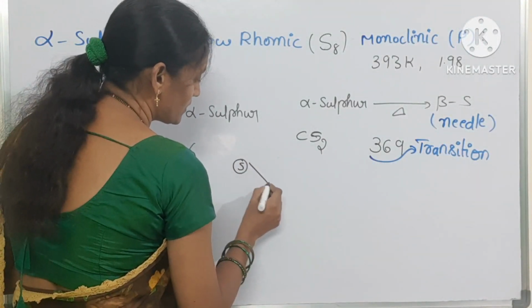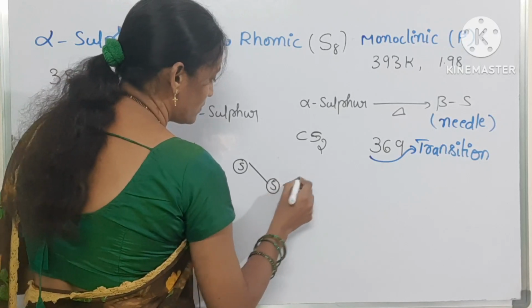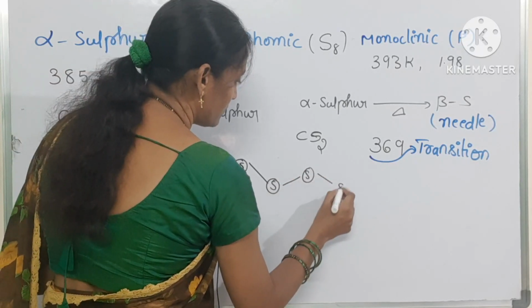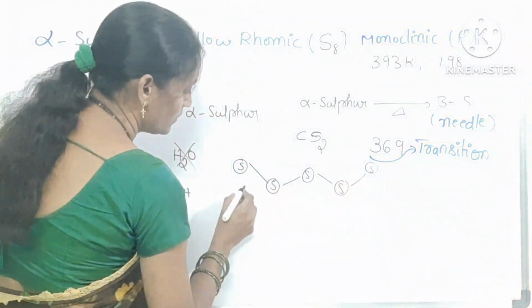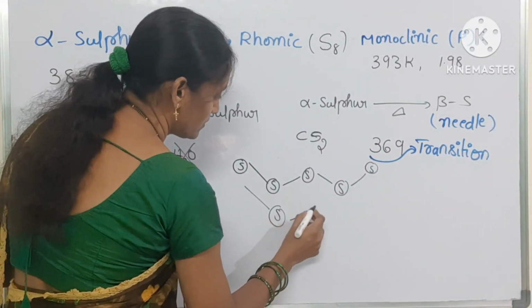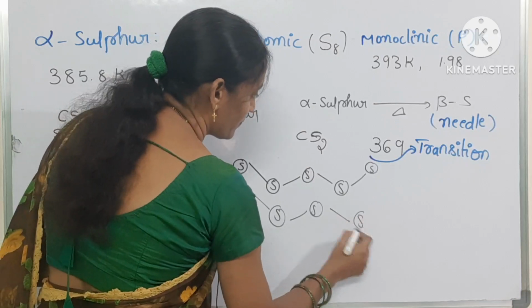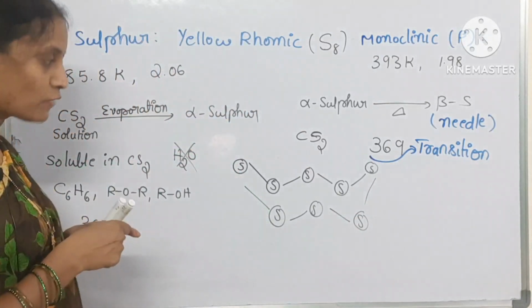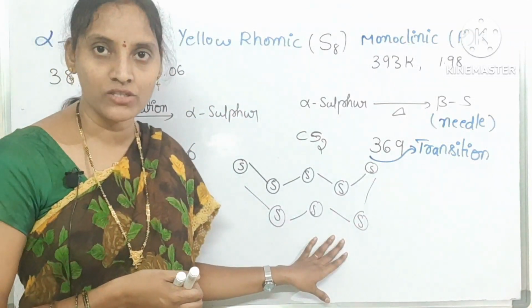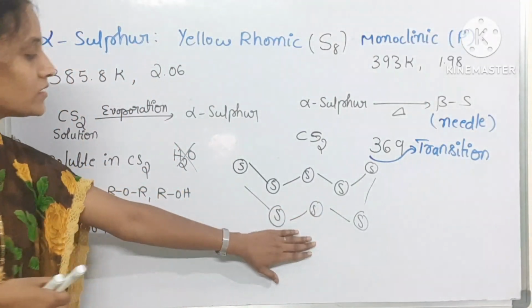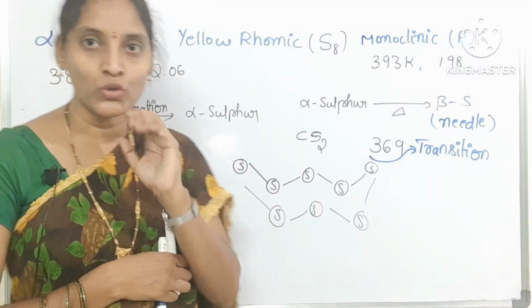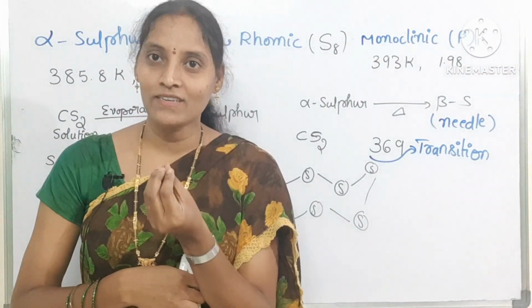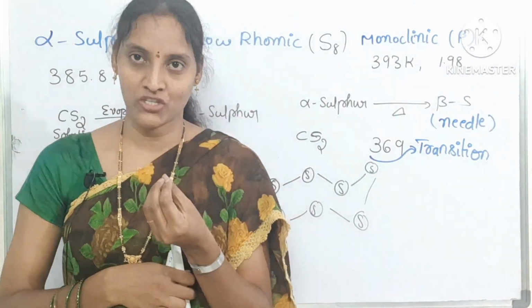This is one sulfur, this is another, this is another one. 1, 2, 3, 4, 5, 6, 7, 8. See, this is the crown shape or puckered ring structure, and this structure is applicable for both alpha as well as beta, because both have S8 atomic state.